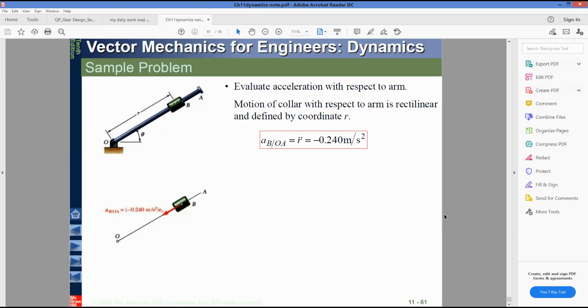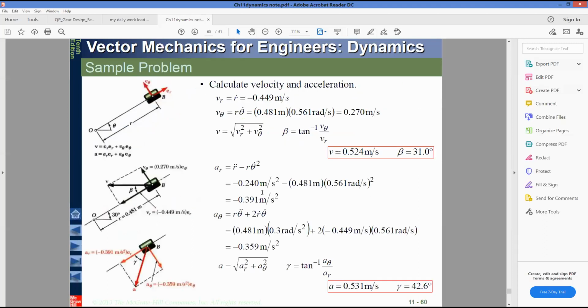Now, if the question asks to evaluate the acceleration with respect to the arm, meaning when this arm OA rotates, that time this collar moves along the arm. So what is the relative acceleration then? That relative acceleration is only along the radial direction, which is nothing but a_r.